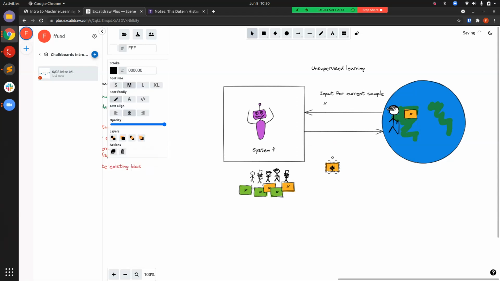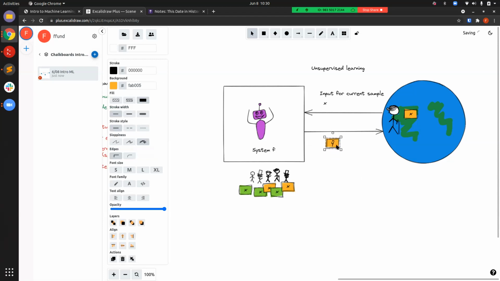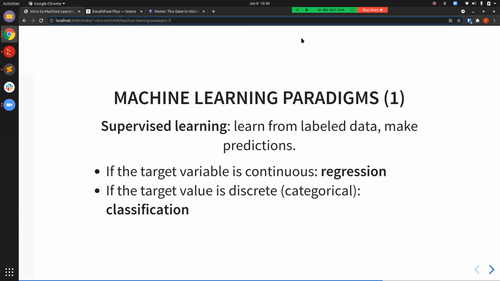So that's an example of an unsupervised learning system. I don't necessarily have some true values for ideal groups that I'm trying to learn against. I just give it a bunch of data and I tell it, find some natural groups that make sense. This is a problem called clustering. Another common unsupervised learning problem we'll look at is called dimensionality reduction.